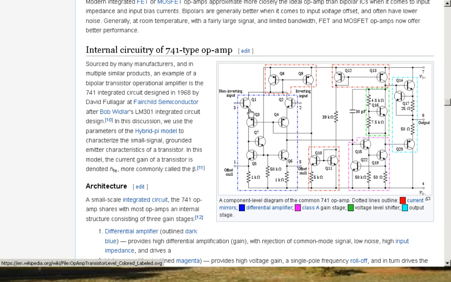So we've got your inverting and non-inverting input here. A bunch of little amplifier stuff going on. There's a differential amp, a class A amp stage. This is all the stuff that's built into this op amp.